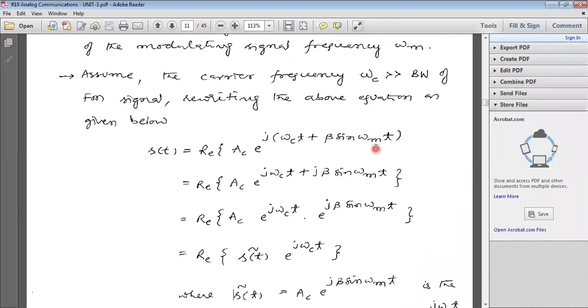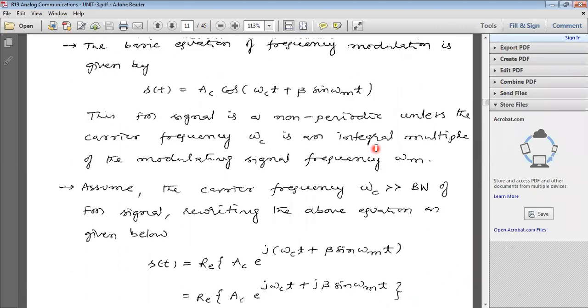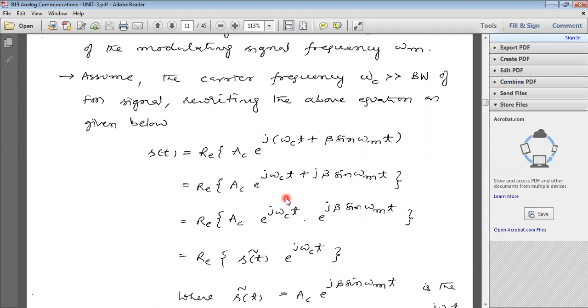Already we have the signal like s of t equal to Ac cos omega ct plus beta sin omega mt. So if we rewrite the equation s of t in terms of e powers, it becomes real part of Ac into e power j into omega ct plus beta sin omega mt. We multiply j inside, it becomes real part of Ac into e power j omega ct plus j beta sin omega mt. So e power a plus b is e power a into e power b.